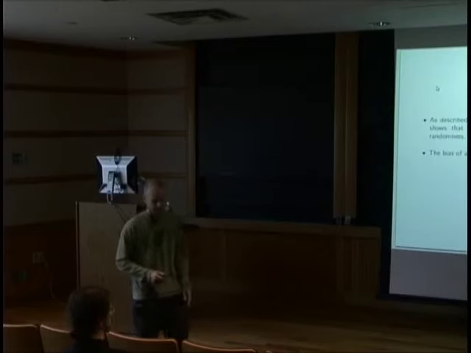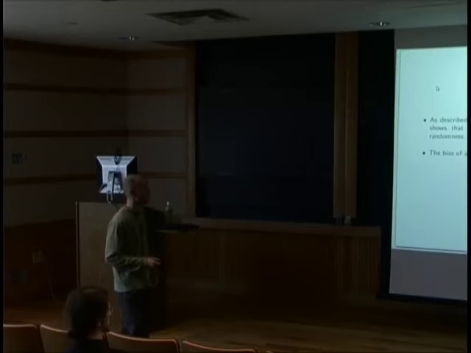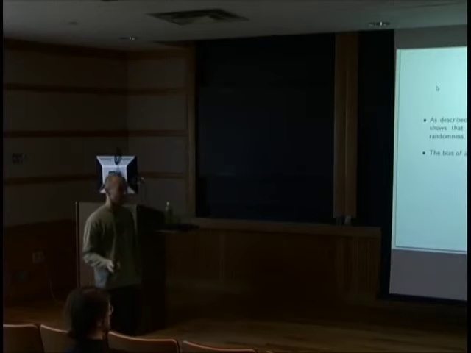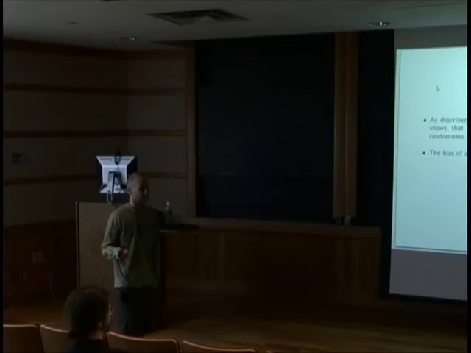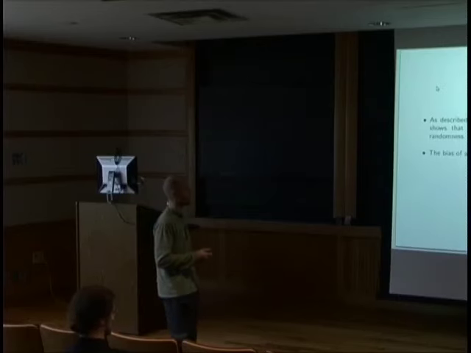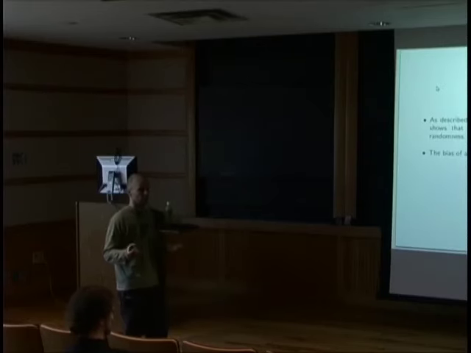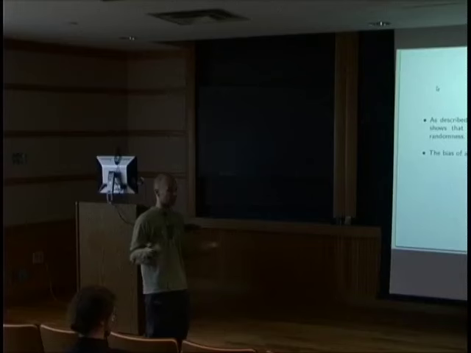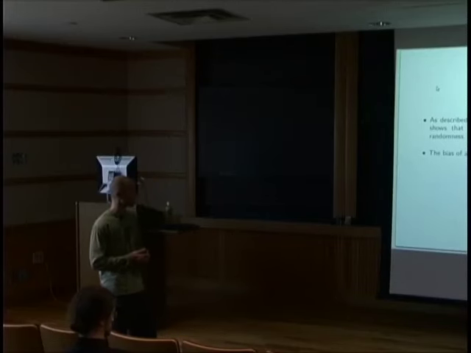All right, so let me just make a couple of basic comments about this model. As I described it, it's totally deterministic, right? Given x, Alice just chooses a bit. You could also consider the model where Alice and Bob share a random string and use this as part of their strategy.